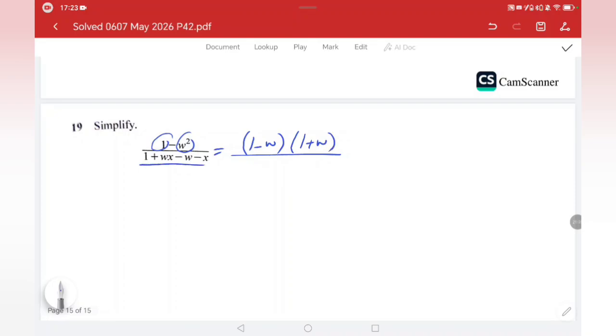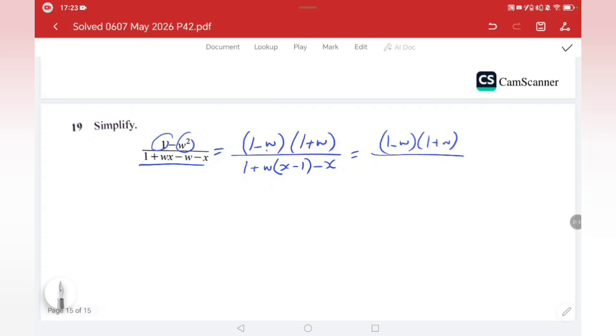Let's arrange this one to make one of the brackets 1 minus w or 1 plus w. So this is 1 plus, we can factorize w, it will be x minus 1, and here minus x.